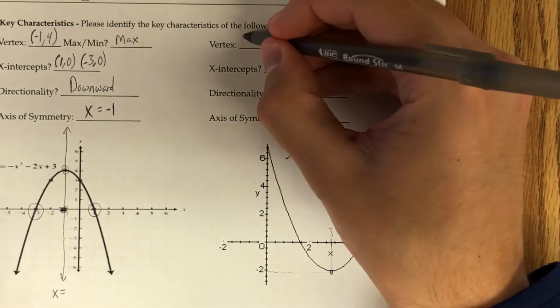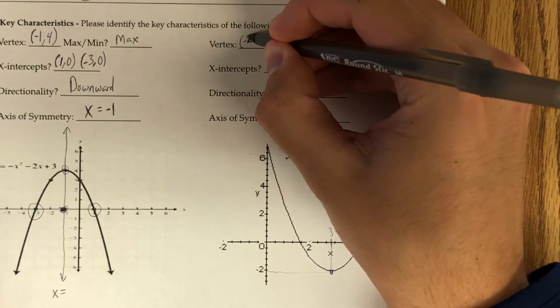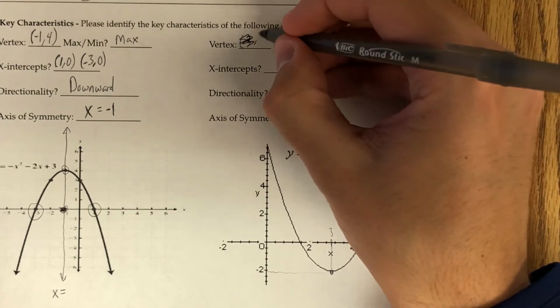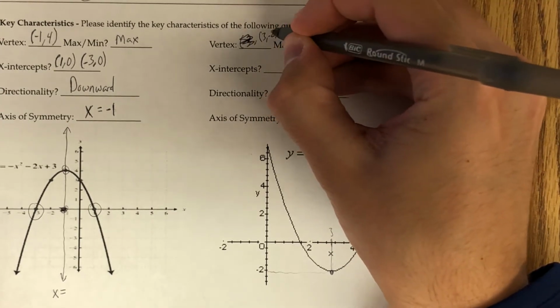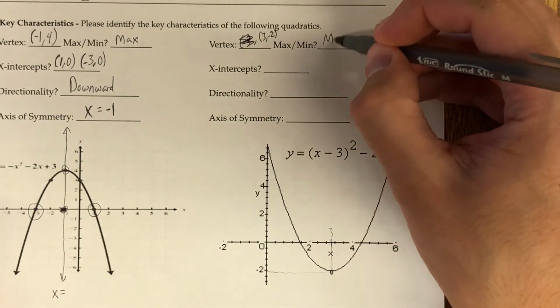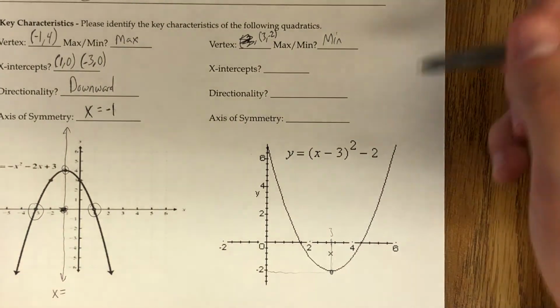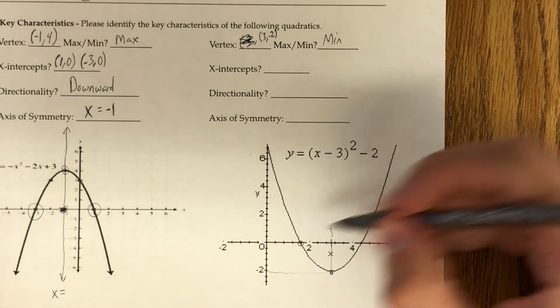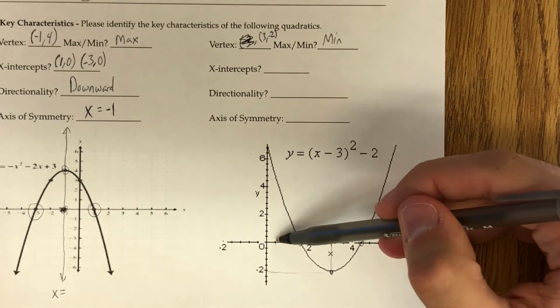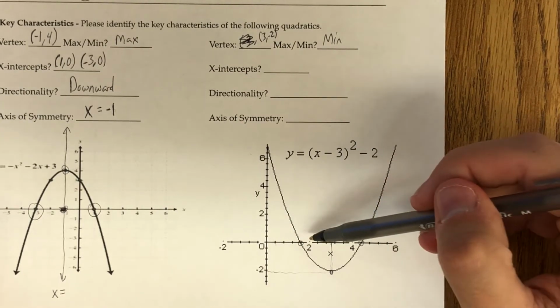So we have our vertex at, or sorry, it's always x value then y value, 3, -2. Excuse me. This is a low point. It's a minimum. For the x-intercepts, we look for where it crosses the x-axis. I'm noticing these tick marks. They're going 0.5, 1, 1.5.